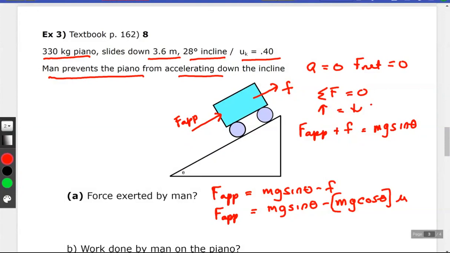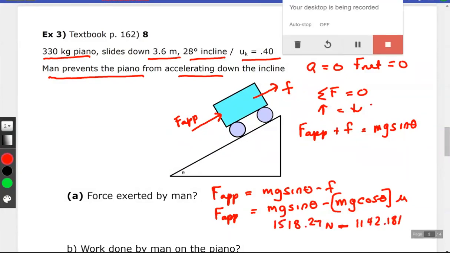So let's get out now. Let me see. I don't even know if the solution uses 9.8, but I've got a feeling it does. Yeah. Use 9.8. So mg sine theta is 1518.27. Mg cosine theta mu, the normal, times the coefficient of friction, all that equals 1142.181.